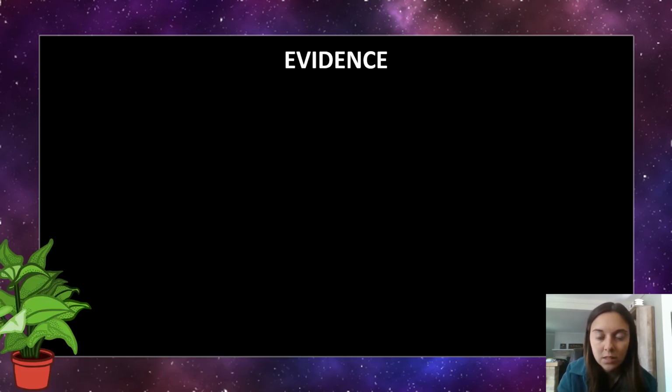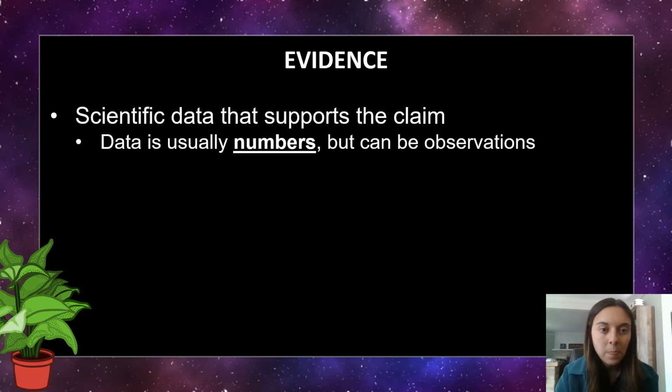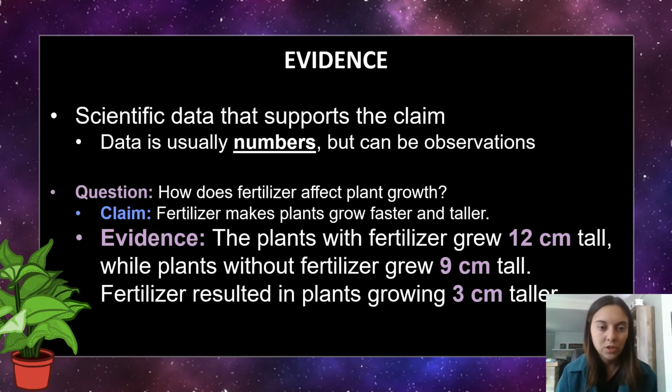The evidence, think data, numbers. Most of our labs, you will have some type of numerical data. Sometimes you get a lab where you don't have numbers, but maybe you have observations or descriptions. Okay? So the evidence is that data that supports the claim you just made. Numbers, observations.